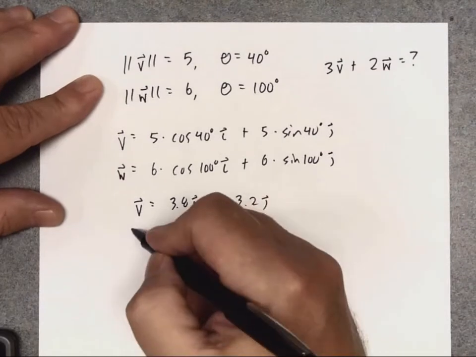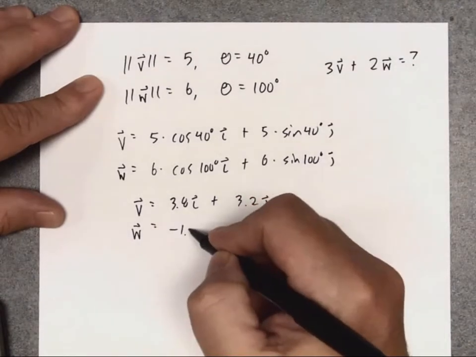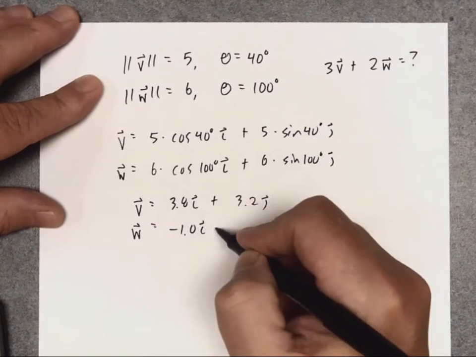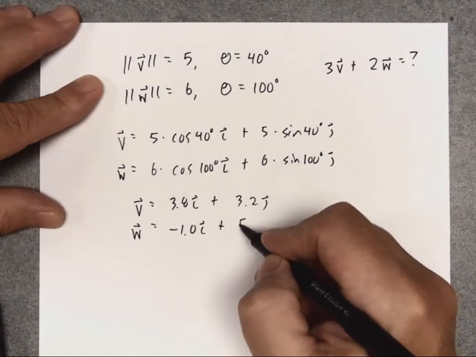So that's vector v. Vector w is cosine of 100 times 6, negative 1.0i. And then sine of 100 times 6, 5.9j.